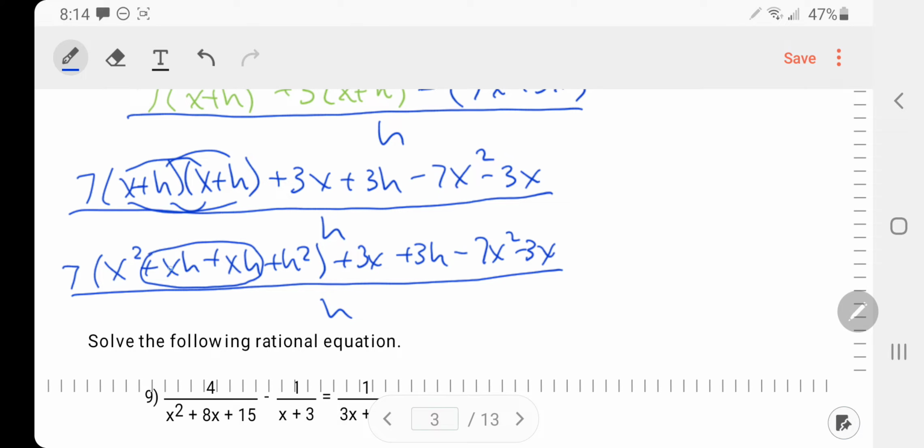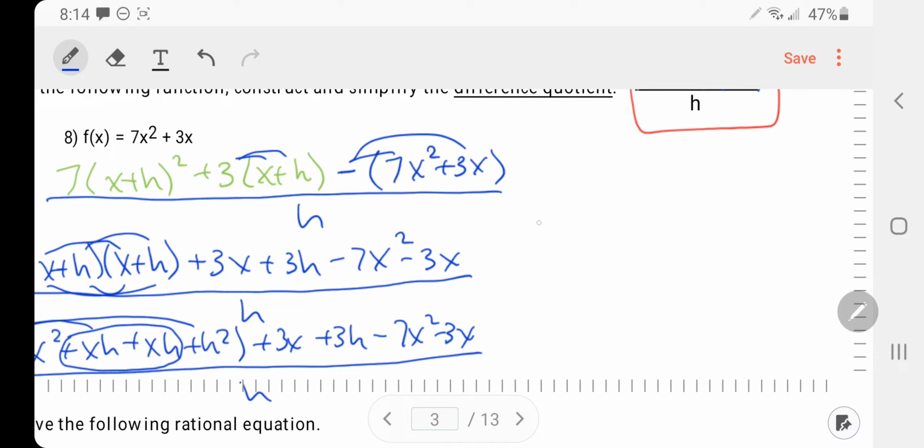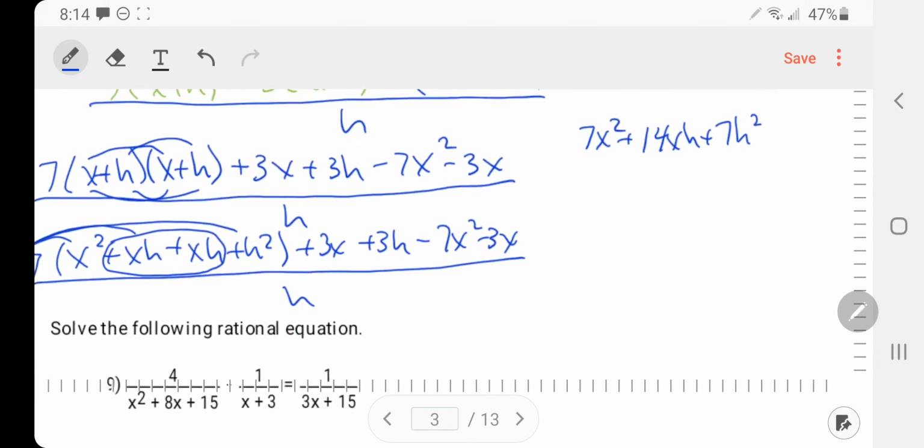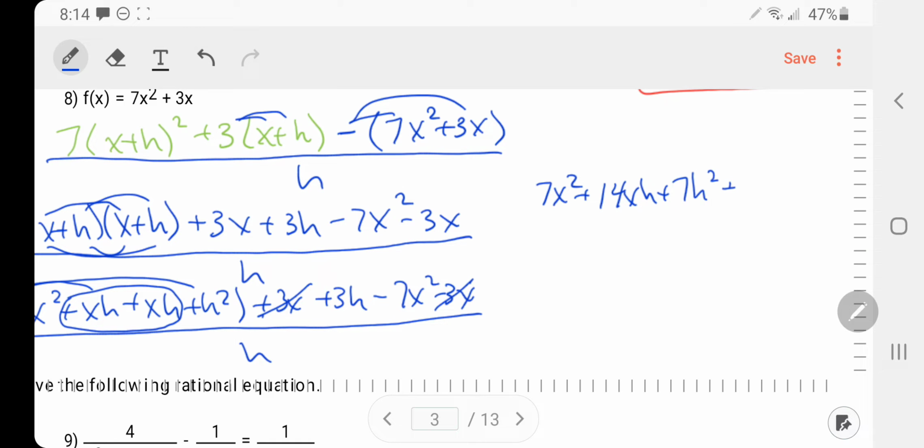So we're going to combine these like terms and distribute the 7 all at one time, okay? So that's going to give me 7x squared plus 14xh plus 7h squared. I notice that the plus 3x and the minus 3x will cancel. So then I'm going to have a plus 3h and a minus 7x squared all over h. And then the 7x squareds can cancel. And then I can factor out an h.